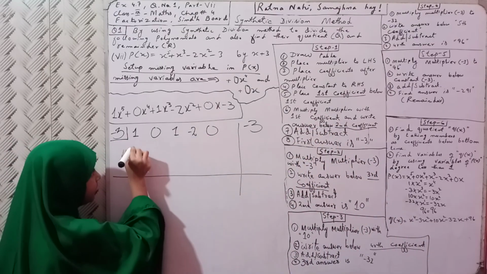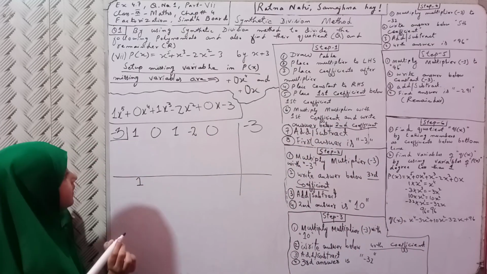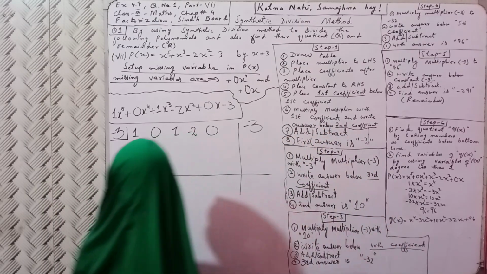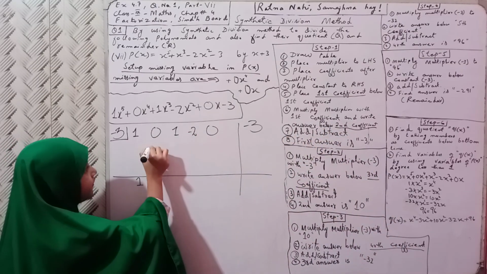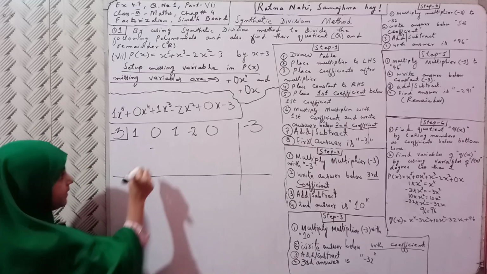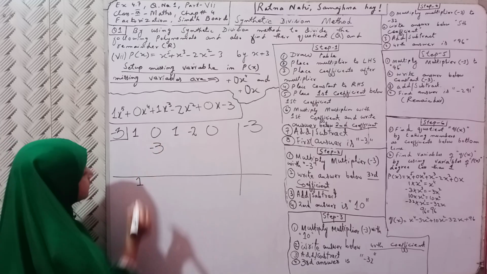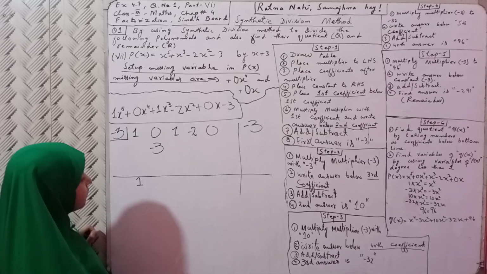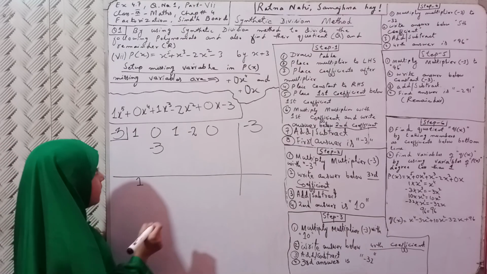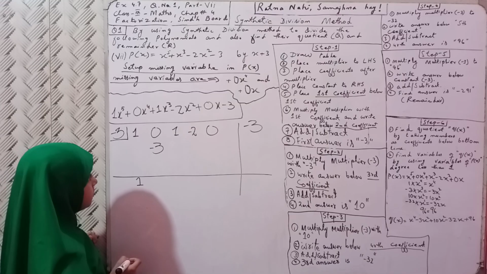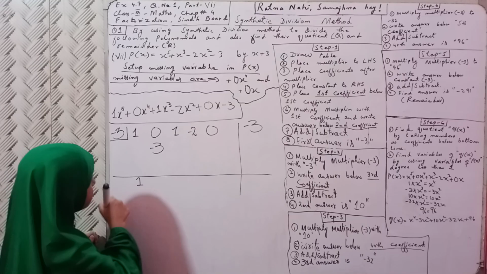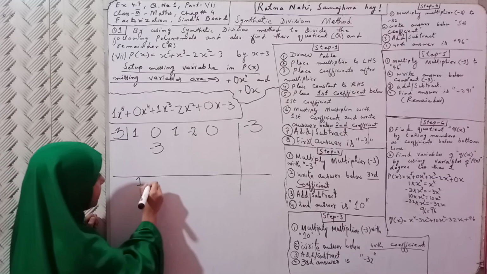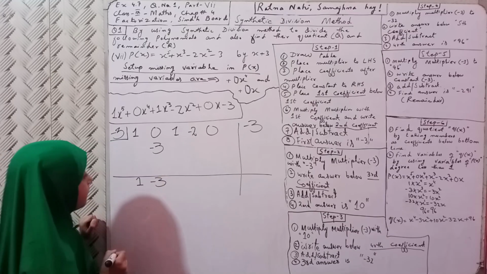Now place the first coefficient below the first coefficient. This one will come down as it is. Then multiply with the first coefficient and write the answer. Minus times plus is minus, 3 ones are 3, so here will become minus 3.